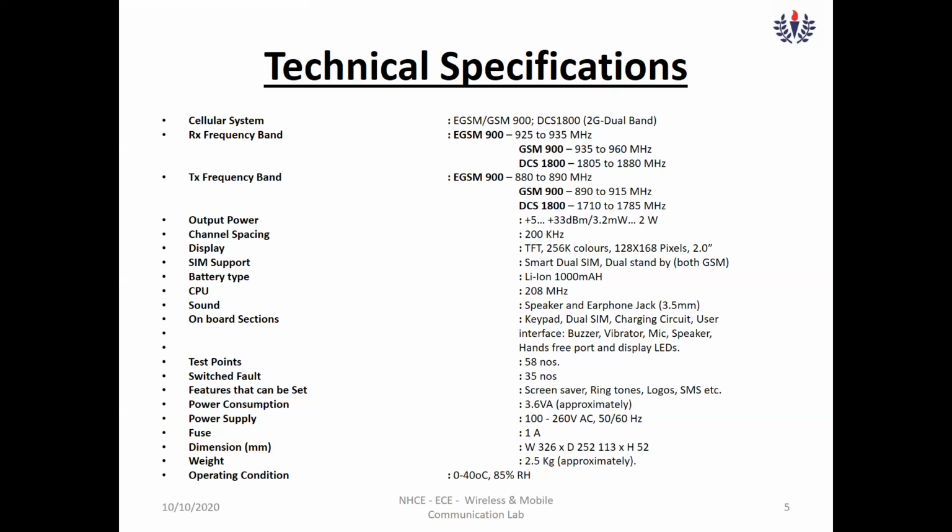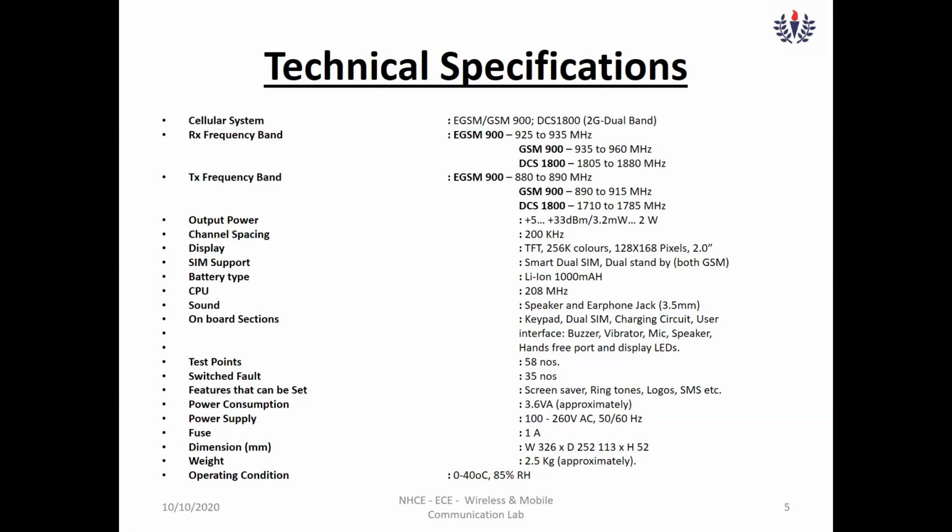And then we have screensaver mode features that can be set using the mobile phone, as we can set screensavers, ringtones, and logos, and we can send and receive SMS as we do on our normal mobile phone.